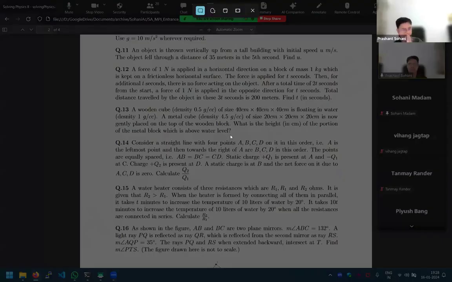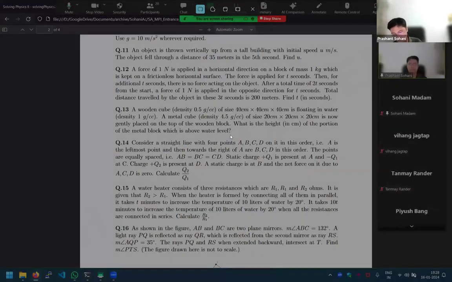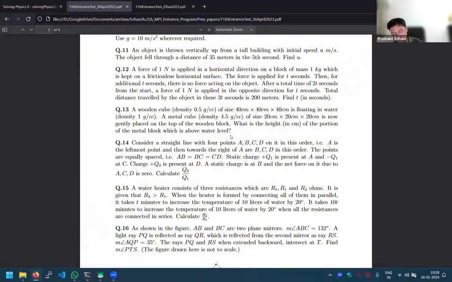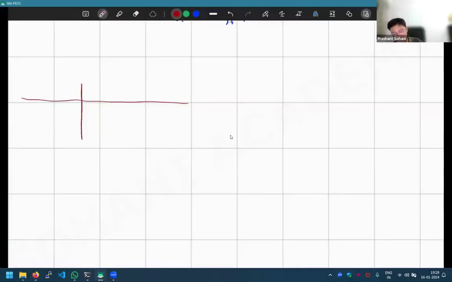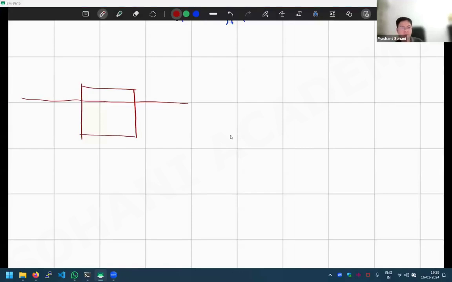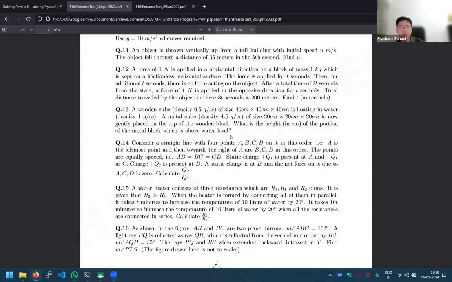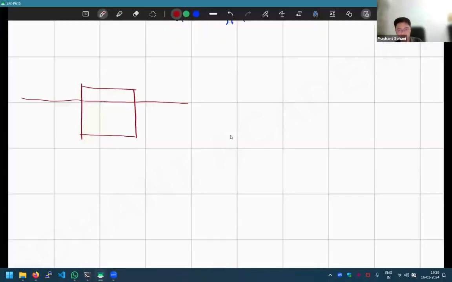So it is floating in the water initially. Let me draw a diagram. First the wooden cube is there in the water, and then a metal cube of some other density and smaller in size is placed on it. The dimensions are given. So this is the wooden cube of size 40 cross 40, and on top of that a metal cube is placed, of size 20 cross 20.